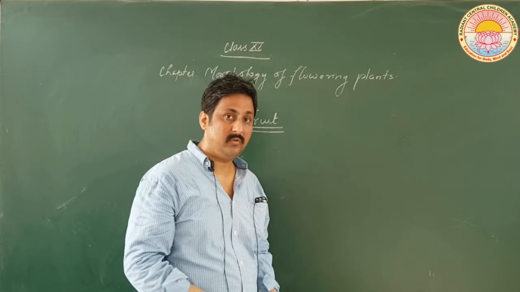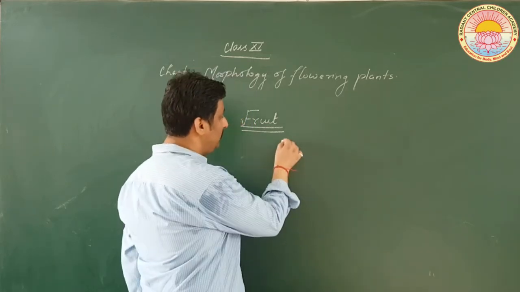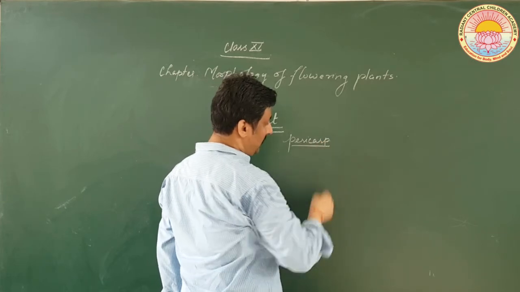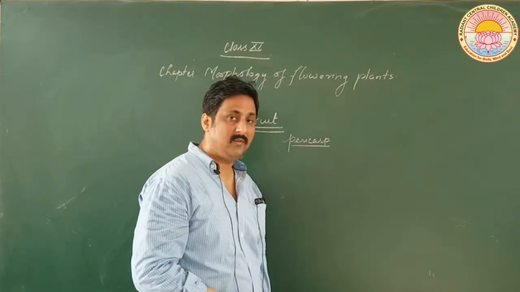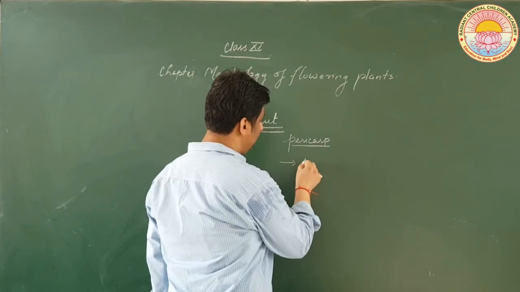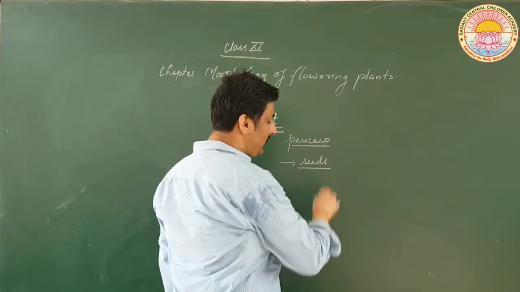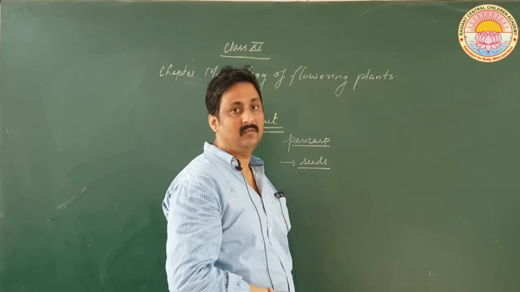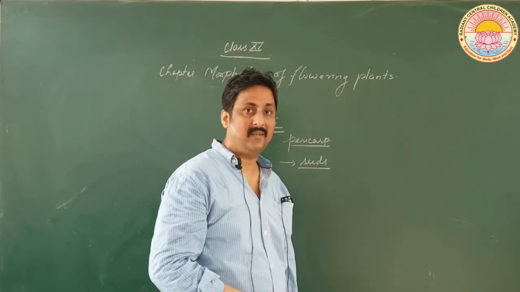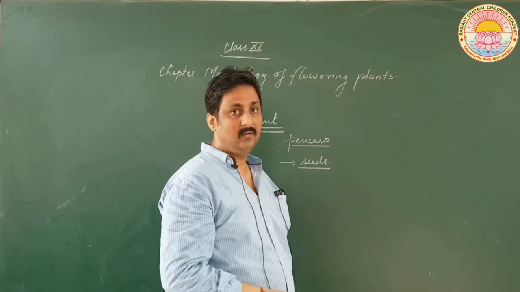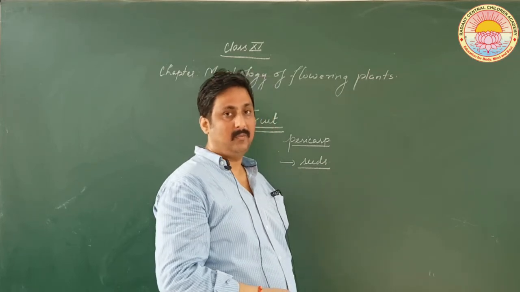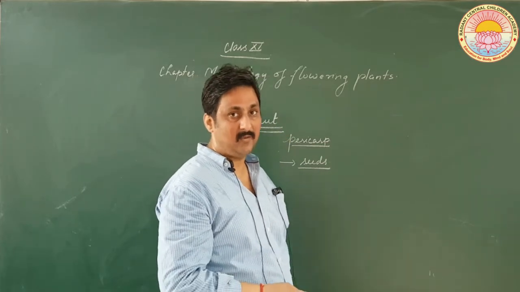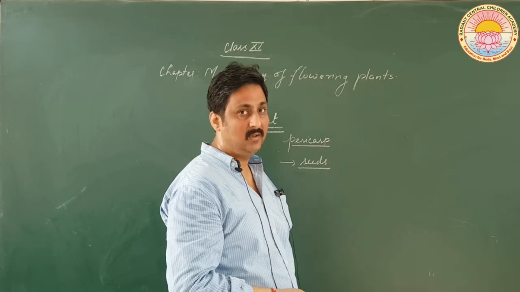The outer ovary wall becomes the pericarp, and the fruit contains the outer wall, called the pericarp, as well as seeds. There are certain times when fertilization does not occur, and even then fruit formation occurs. This is called parthenocarpic fruit, or the process is called parthenocarpy, where fertilization has not taken place but fruit formation has taken place, and the fruit does not contain seeds.